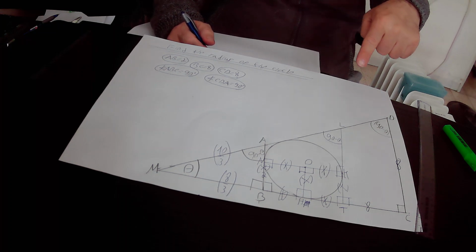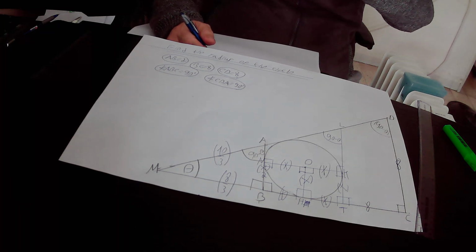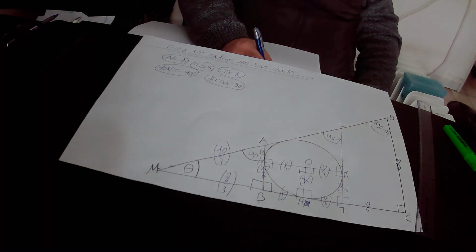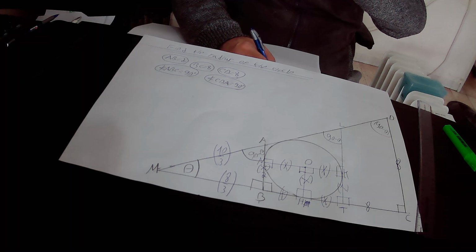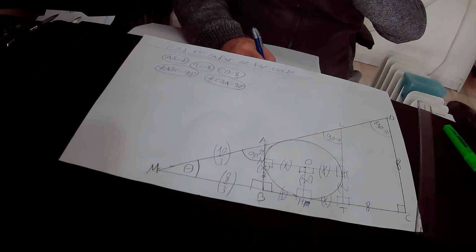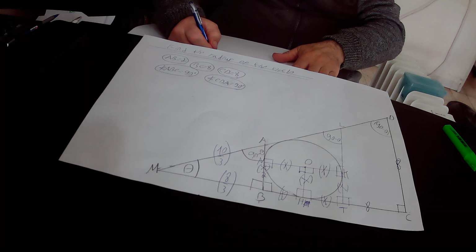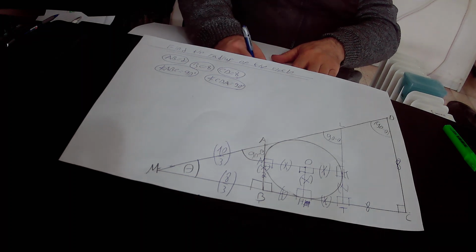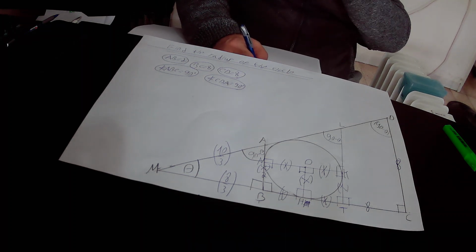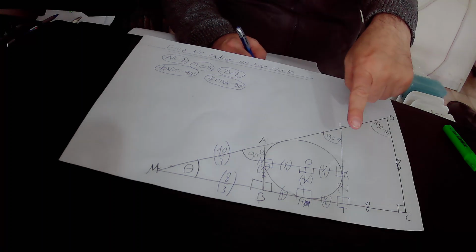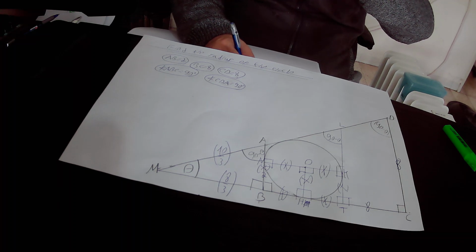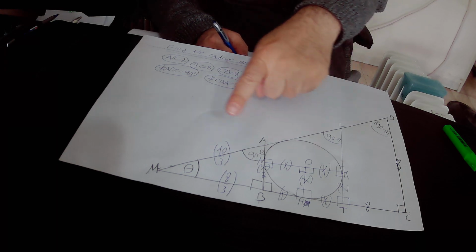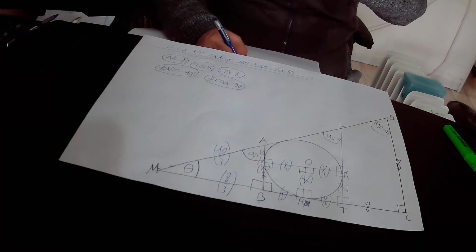We derive that side LT in the big right triangle LTM over side AB in the small right triangle MBA equals side TM in the big right triangle LTM over side BM in the small right triangle MBA.